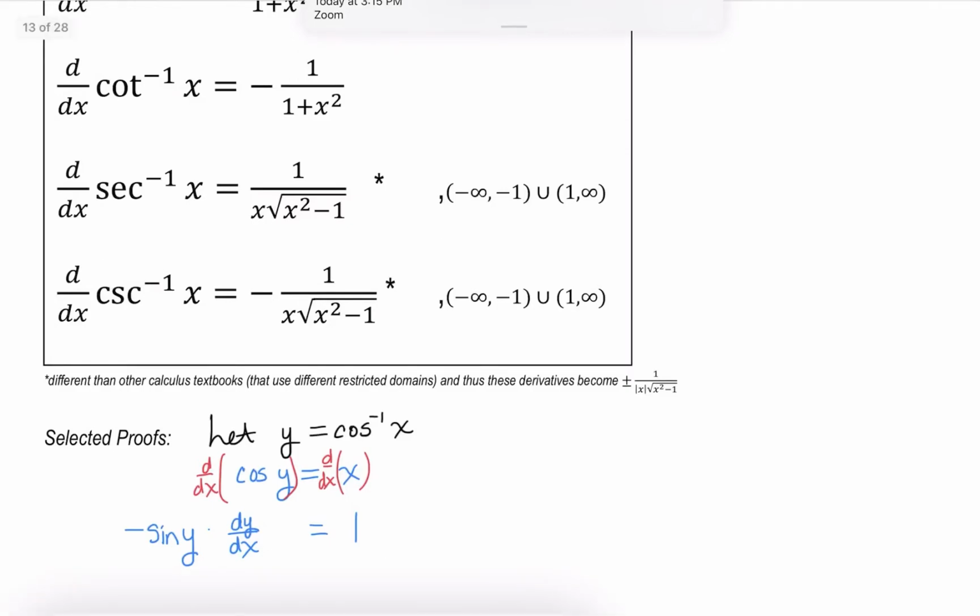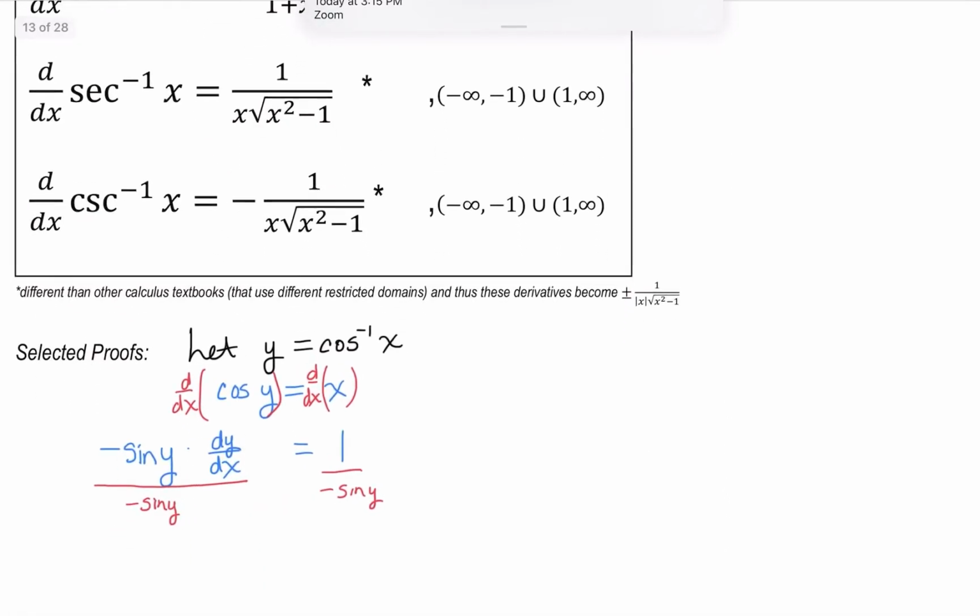Now we are trying to solve for dy dx. If I divide both sides by my minus sine y, it feels like I've isolated dy dx, but that certainly doesn't look like the form I've written up above. I don't have it in terms of y, I have it in terms of x. So let's think about trying to get this back in terms of x.